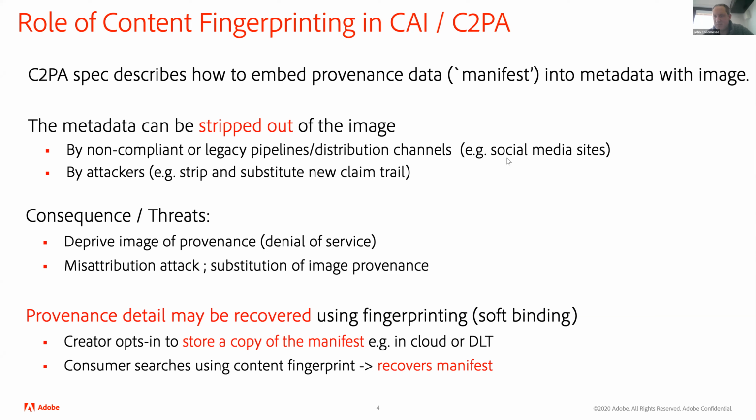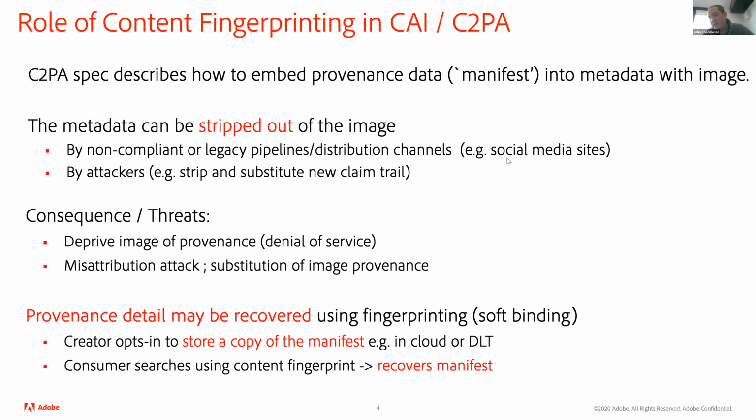And actually, we saw this briefly mentioned in Neil's talk as well. The C2PA is basically a standard, a technical specification I should say, that is emerging to embed provenance data, what's called a manifest, into the metadata of assets, like, for example, an image.